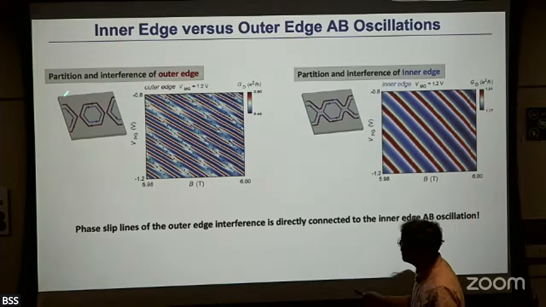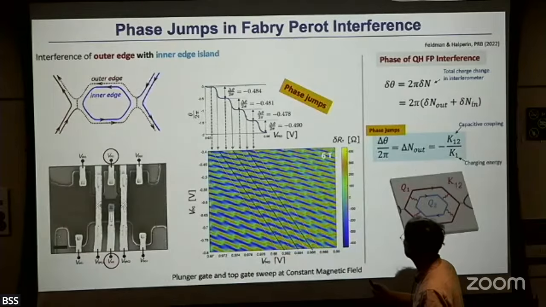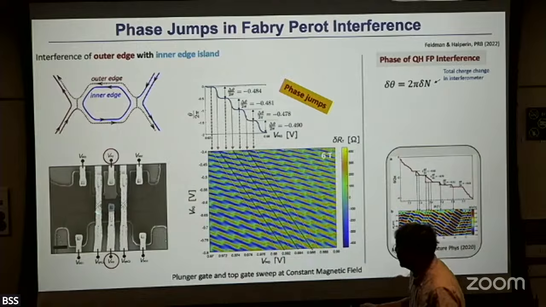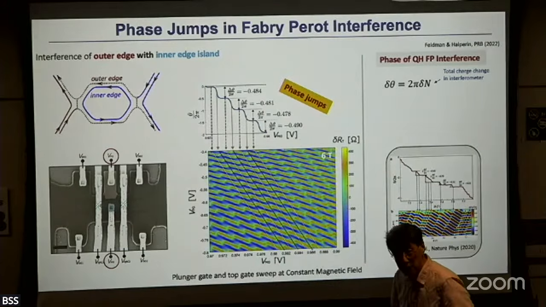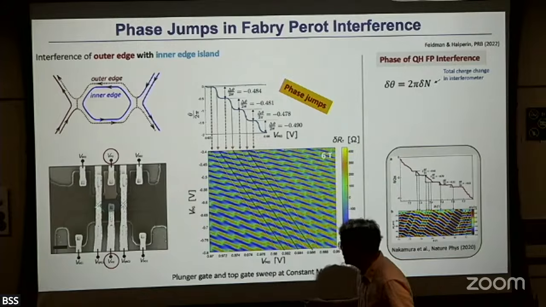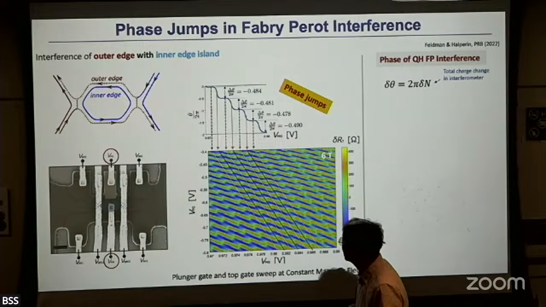Now, with the same experiments and device structures, if I show you the previous slide, we have a separate gate that only controls this quantum point contact. So everything is fixed, but we can simply control the potential of this quantum point contact with this top gate.